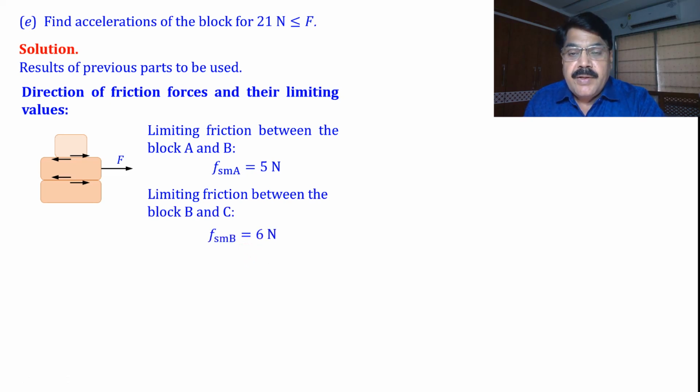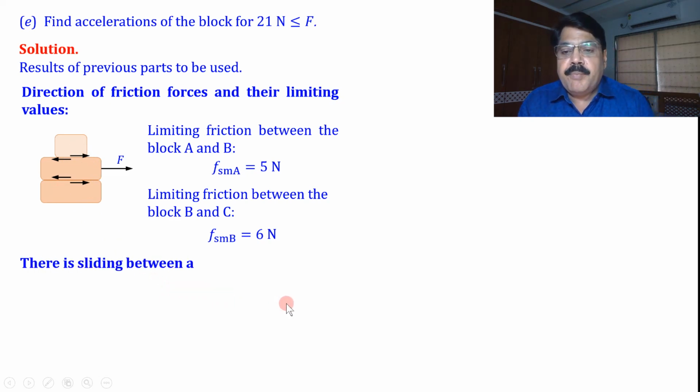And we have seen that up to 50 Newton force F, there is no sliding between the blocks, and at 50 Newton sliding between B and C initiates, and at F equal to 21 Newton sliding between A and B also initiates. So when F is greater than 21 Newton, sliding between all pairs of contact has been initiated, and all the blocks have different accelerations.